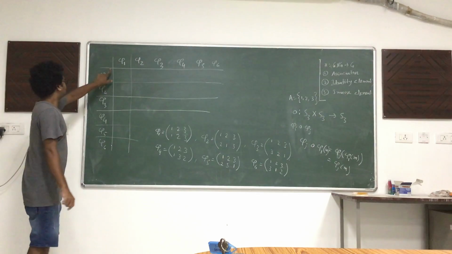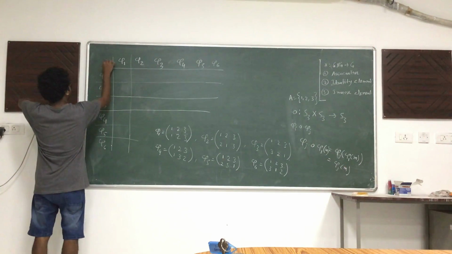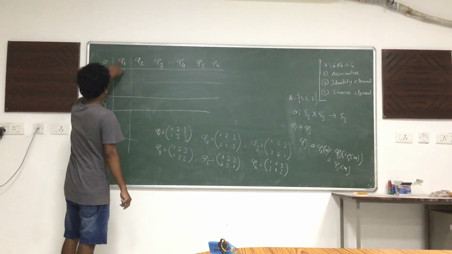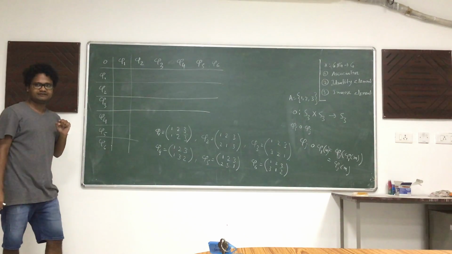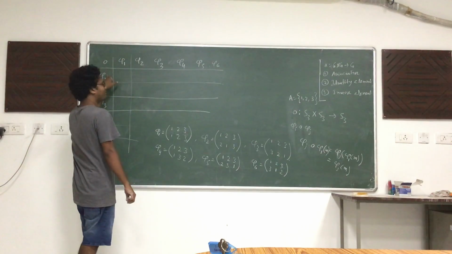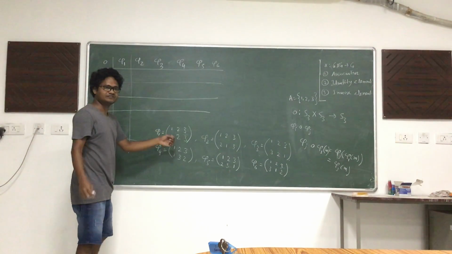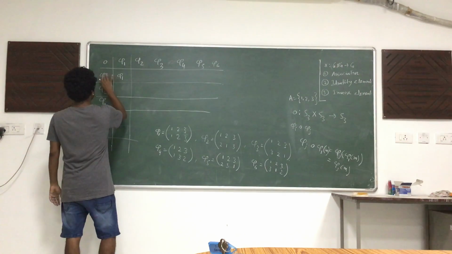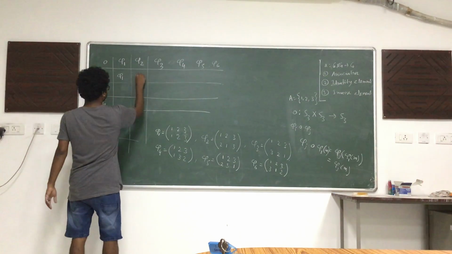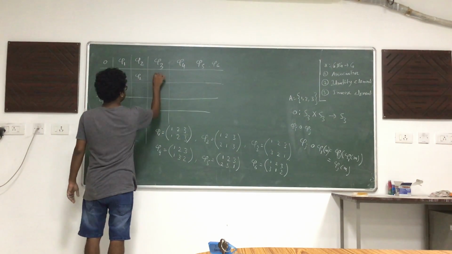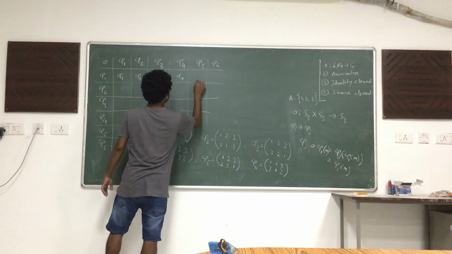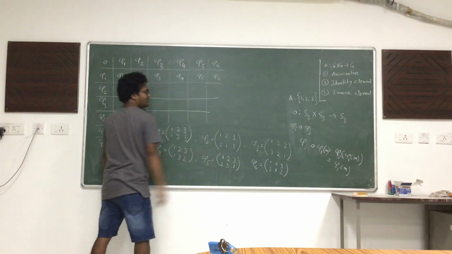The binary operation we take to be the composition between functions. So what is phi 1 compose phi 1? It will be phi 1, because we take any element, we operate another phi 1, it will give the same function, it's basically phi 1. And what is phi 1 compose phi 2? It will be phi 2, which we can explicitly check, and since phi 1 has already been established as the identity element, this part is trivial.